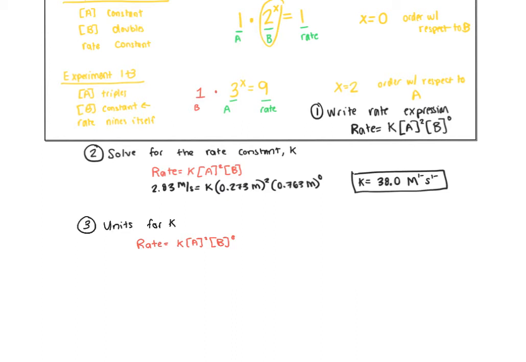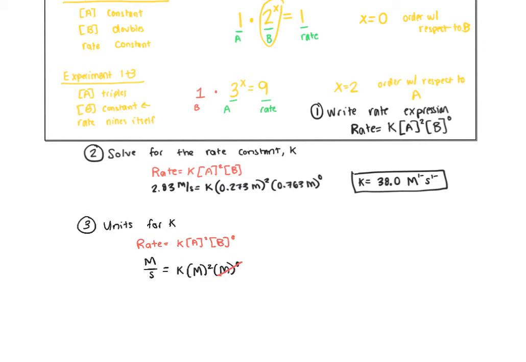If I plug it in terms of units, rate was concentration per time. I'm looking for K. And then what I did is I took molarity squared times molarity to the 0. Well, to get K by itself, we know that this drops out and it is nothing, because anything to the 0 is just 1.